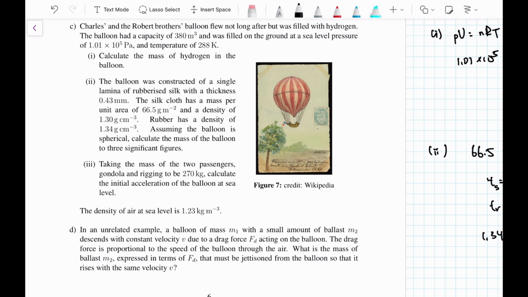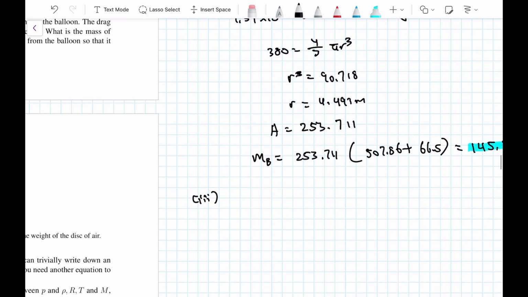Alright, so from the previous questions, we calculated the mass of the balloon and the mass of hydrogen within the balloon, and we're also given the mass of passengers, so therefore we can calculate the total weight of the entire system. And to calculate the initial acceleration, we can just use the upthrust, and then calculate the acceleration from that.